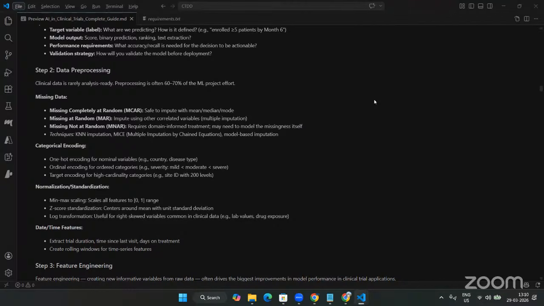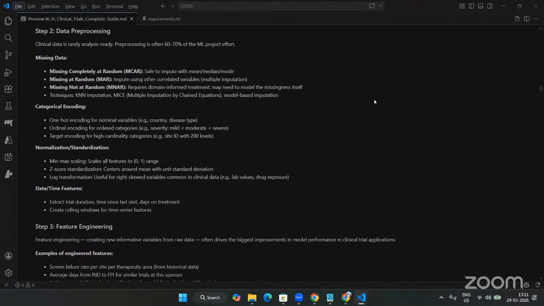Missing at random: impute using other correlated variables, multiple imputation. Missing not at random: requires domain-informed treatment, and may need to model missingness itself. Techniques: KNN imputation, MICE (multiple imputation by chained equations), model-based imputation.